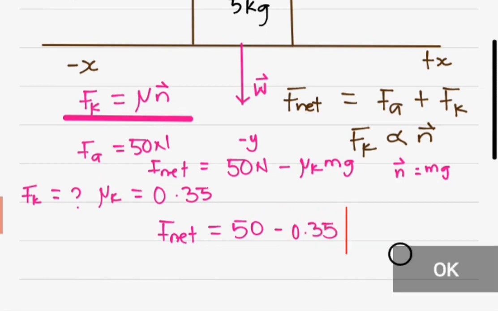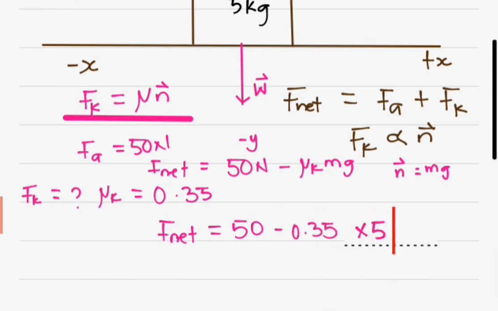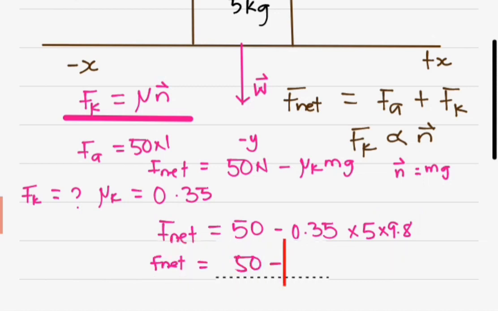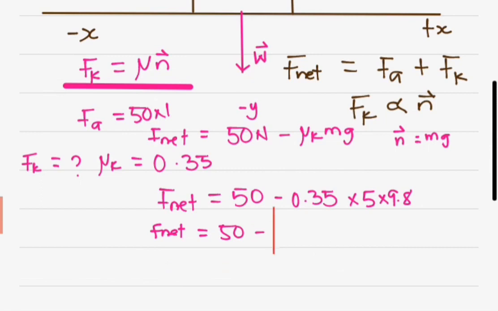The mass is 5, gravity is 9.8. So what do you have? You have F net is equal to 50 minus, what is 0.35 times 5 times 9.8? Plug that into your calculator and let's see.